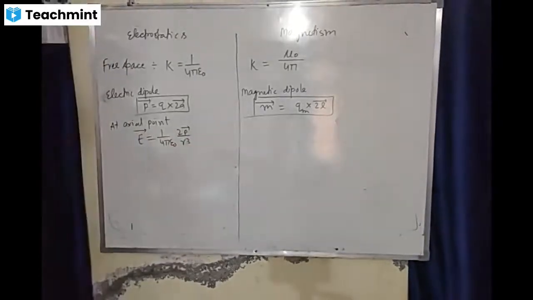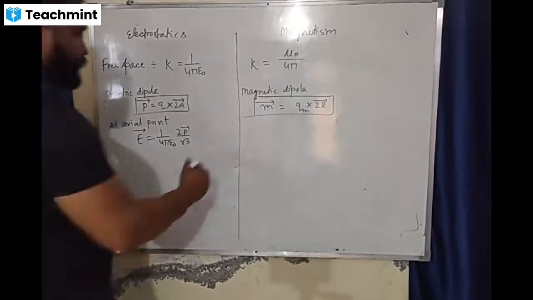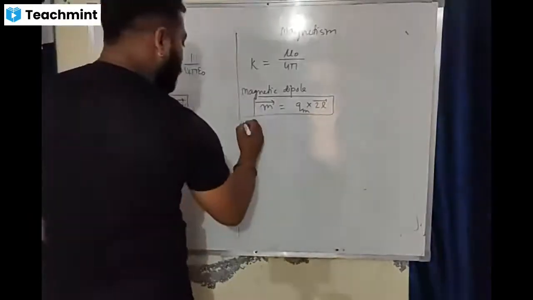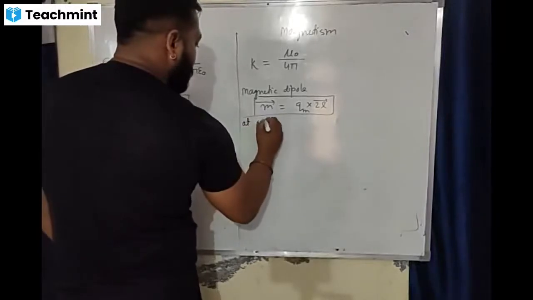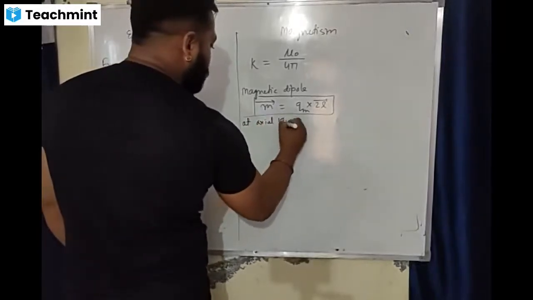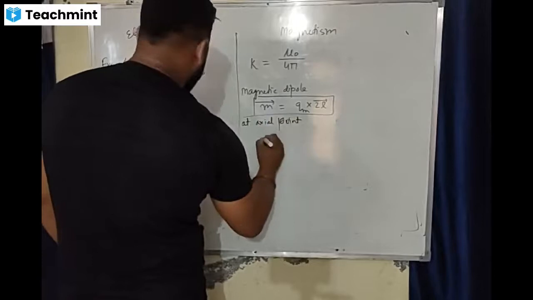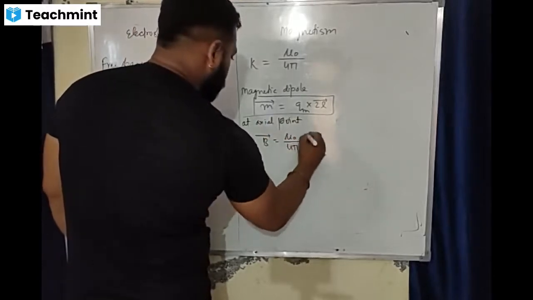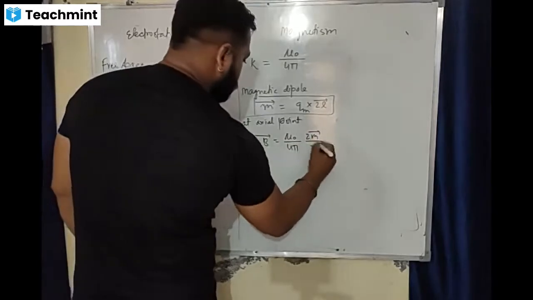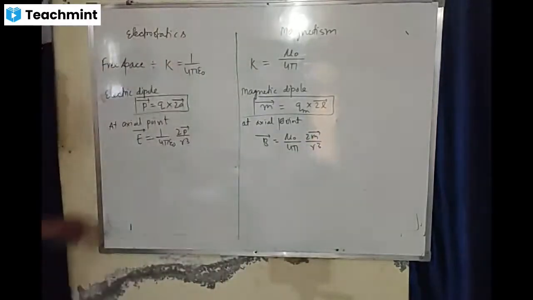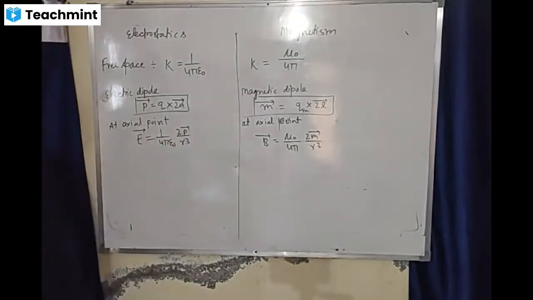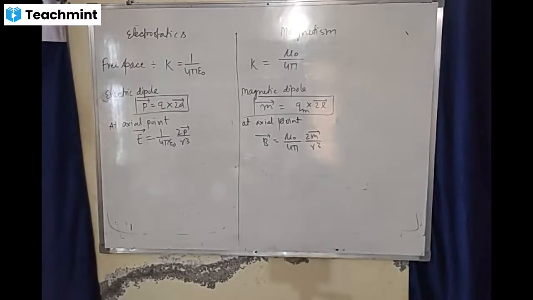The expression is removed from your syllabus, but if you find the magnetic field at the axial point due to a dipole, then the magnetic field is given by mu naught upon 4 pi times 2M upon r cube. At the axial point it is 1 upon 4 pi epsilon naught, or k, 2P upon r cube; here it is mu naught upon 4 pi, or k, 2M upon r cube. So they are also similar.